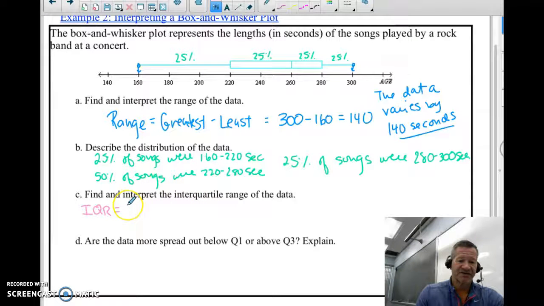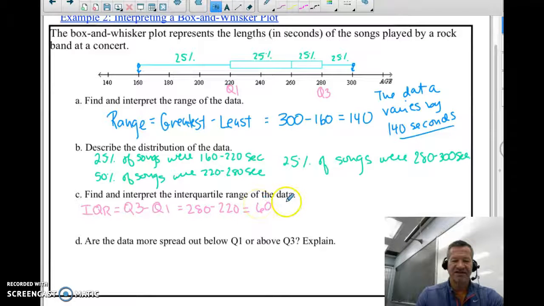So basically it's the third quartile minus the first quartile. The third quartile can always be found on the right side of the box, the first quartile always on the left side of the box. So to find the interquartile range, we just subtract those, 280 minus 220. It's a real simple thing to do, you just need to understand what is meant by interquartile range.